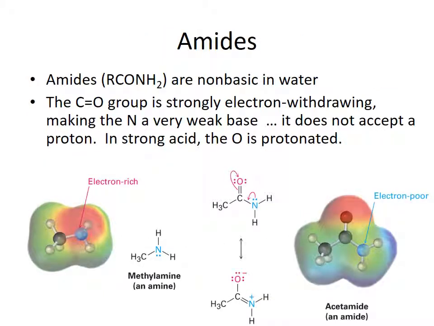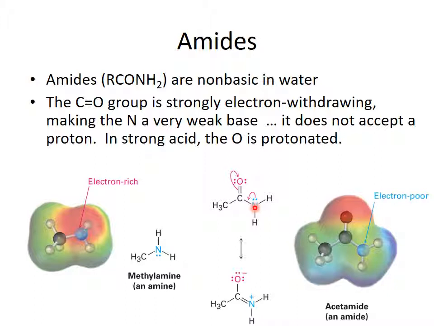Amides are not amines. Amides have a carbonyl attached adjacent to the nitrogen. So here is an amine. There is no carbonyl attached adjacent to it. But here is an amide because the carbonyl is attached to the nitrogen. That makes it an amide.